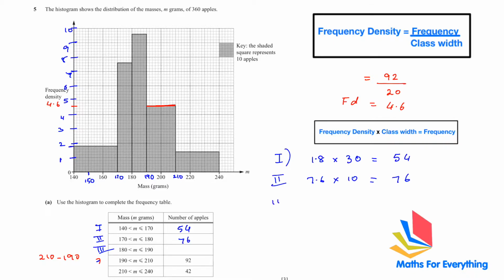For the third bar, we have 9.6 as our frequency density, and the class width is 190 minus 180, which is 10. So frequency is 96.